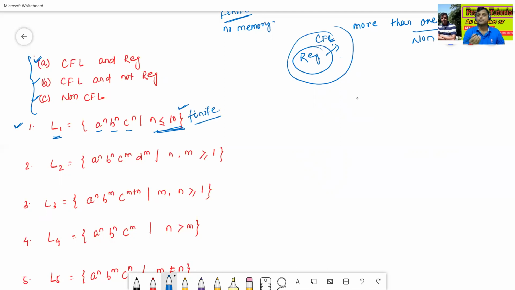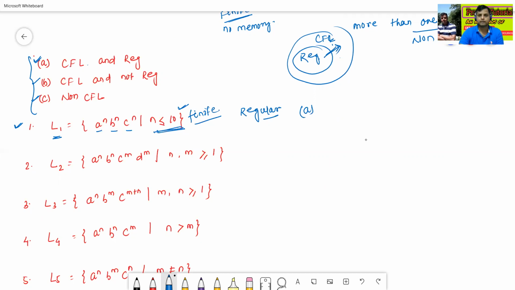Since the language is finite, it must be regular, because every finite language is regular. It is regular, so it must be context-free. So it is option A, regular as well as context-free language.